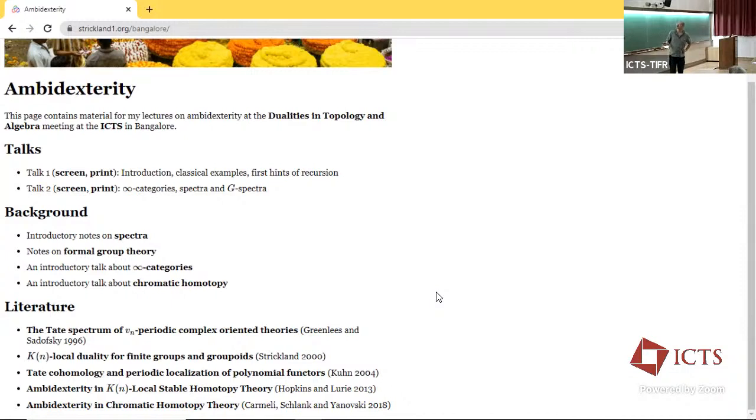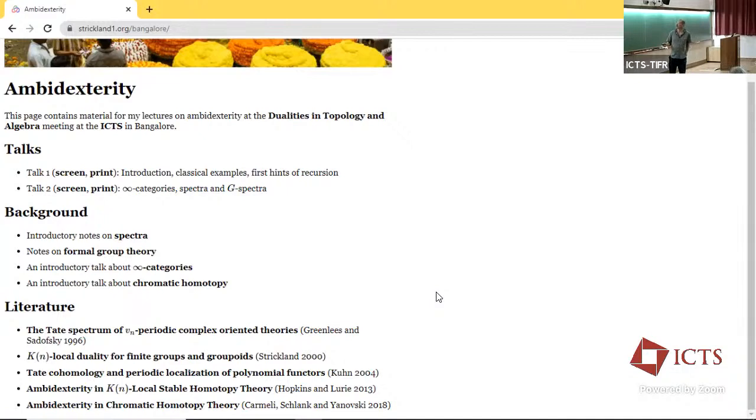There's some general introduction to spectra and some material on formal group theory that's going to be relevant for Morava E theory and so on. I'm going to make slight use of the theory of infinity categories as a general framework for talking about homotopy theory, so there are slides from an introductory talk about infinity categories, in case anyone needs to read a little about that.